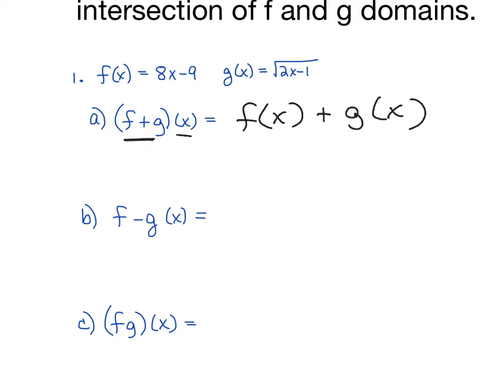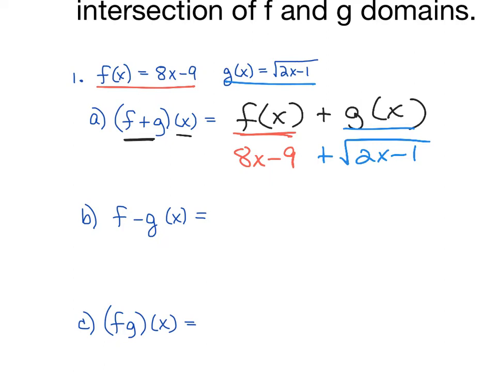Now, these two functions that are given to you right now, there aren't any like terms. So when I go to write this, I'm just going to be putting them side by side. This is my f of x function. This is my g of x. So I'm going to take what f of x is, write it here, take my g of x function, and put it right here.